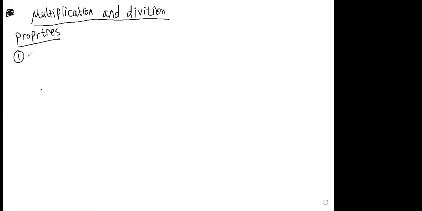Before I start with the first property, when I see something like A divided by B, what does that mean?